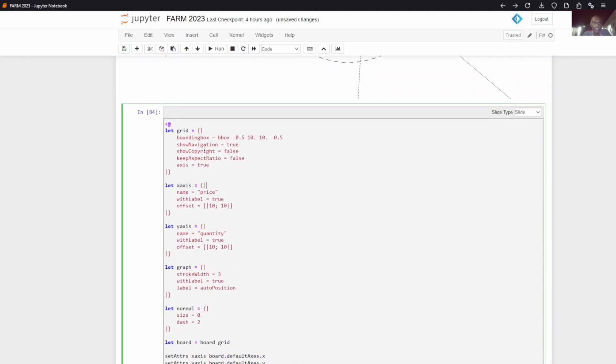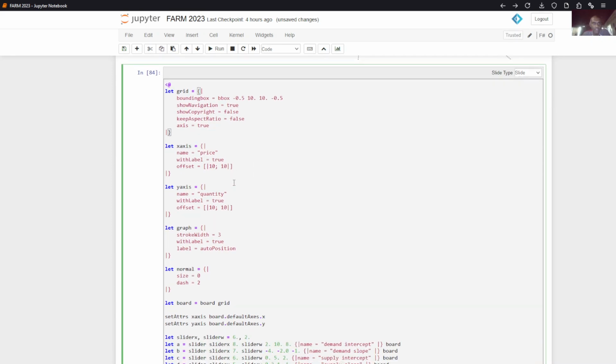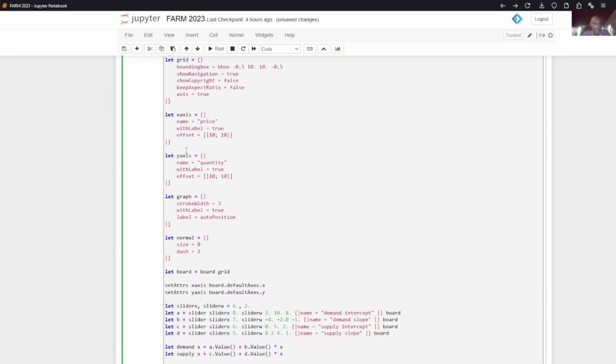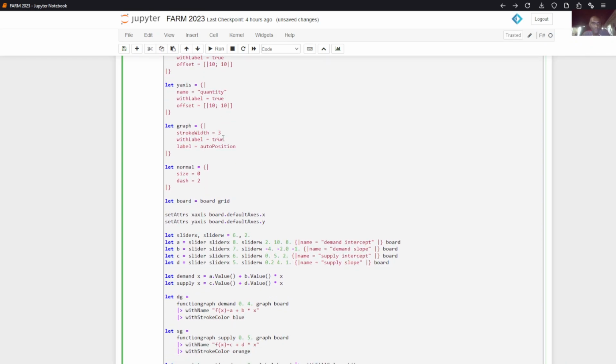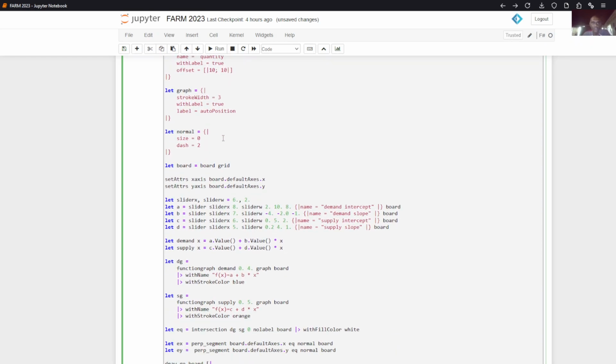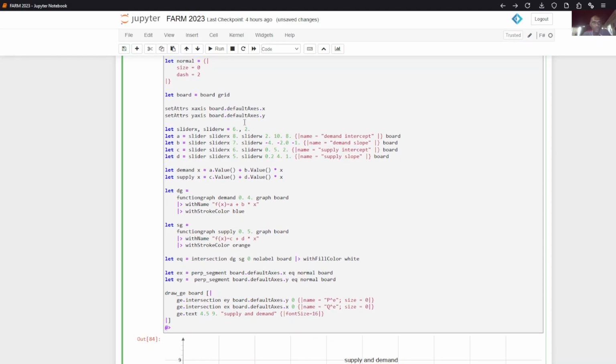So just briefly going through it, we're defining a grid, which is what our graph is going to be. We're defining an x-axis, y-axis, just the labels, and how things like the stroke width. So we're setting those grid properties on the board, and then we're defining our sliders.